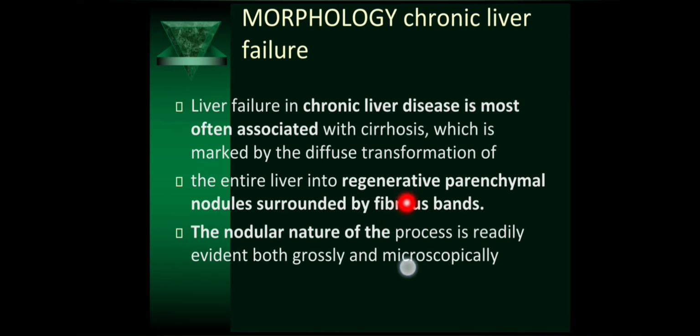The entire liver can be transformed into regenerative parenchymal nodules surrounded by fibrous bands. The nodular nature of the process is readily evident both grossly and microscopically. There will be the typical picture of cirrhosis, with nodules of regenerating liver parenchyma separated by fibrous tissue. This is fibrous tissue highlighted by a special stain.